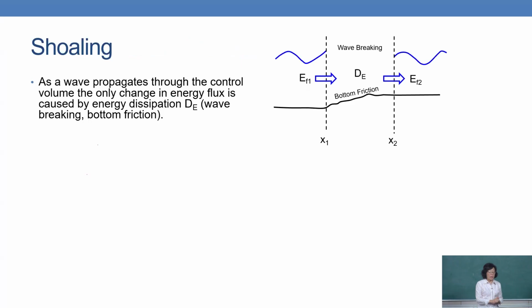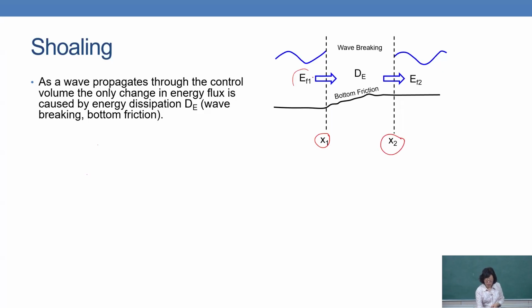When we are looking at shoaling, we can use energy propagation to do a little bit of analysis. We have the energy flux at two locations: the first location and the second location.